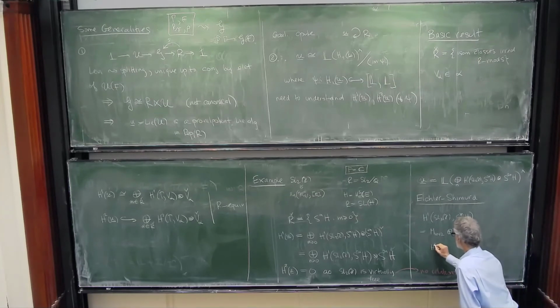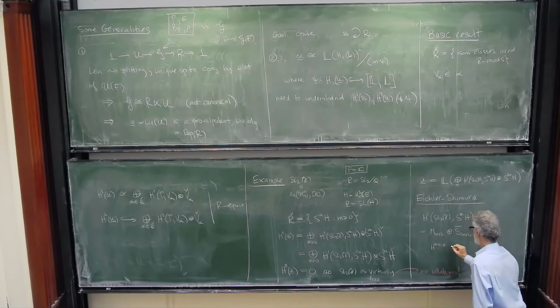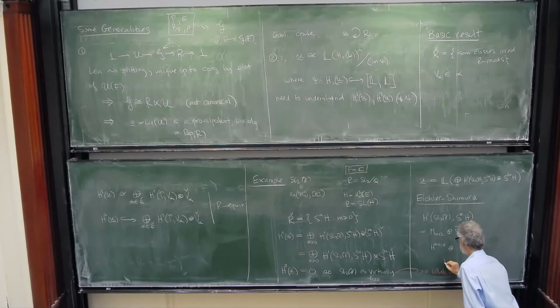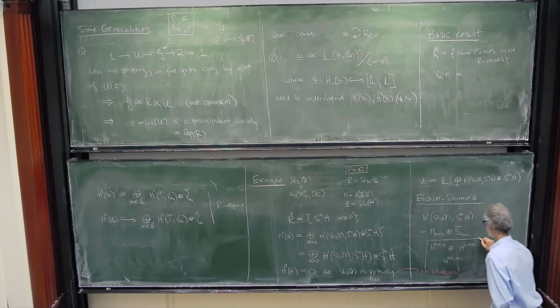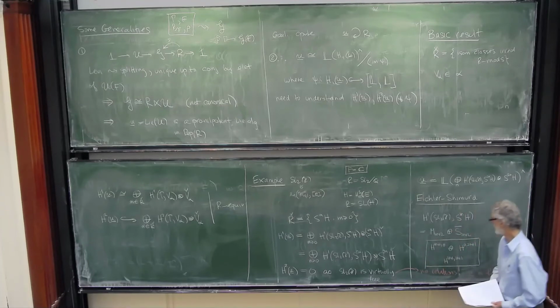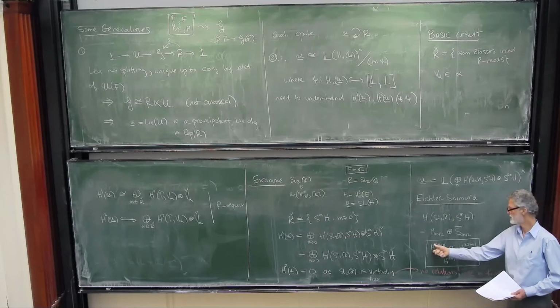I've got H^{2n+1,0} plus H^{0,2n+1}, and I've got an H^{2n+1,2n+1}. So this Hodge structure here is split by Manin and Drinfeld.